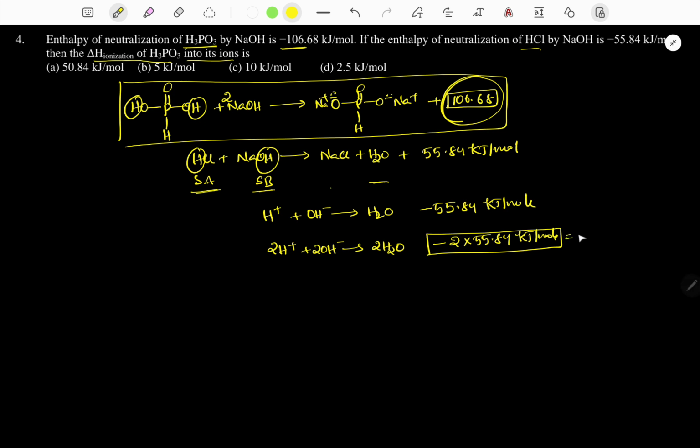So the value should be minus 111.68 kilojoule per mole. For 2 moles of proton and 2 moles of OH minus, the energy should be minus 111.68, but here we are getting only 106.68. So the difference is 5 kilojoule per mole.